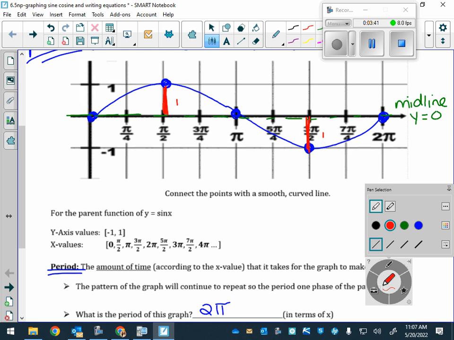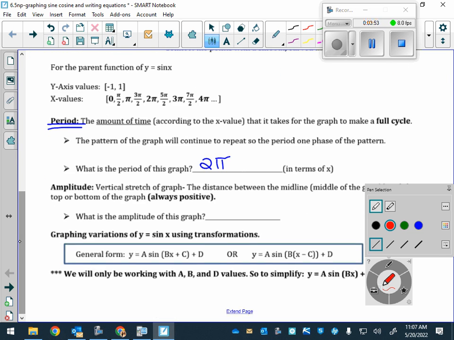It should be the same because this is called the amplitude, okay? So the amplitude of the parent function is 1. And one thing with the amplitude, it's always positive, okay?